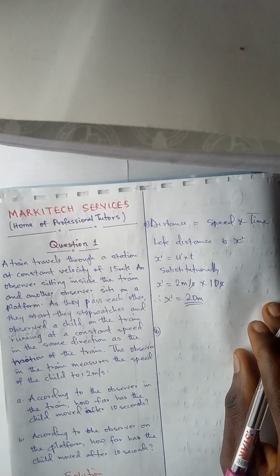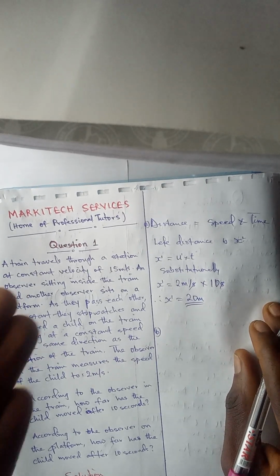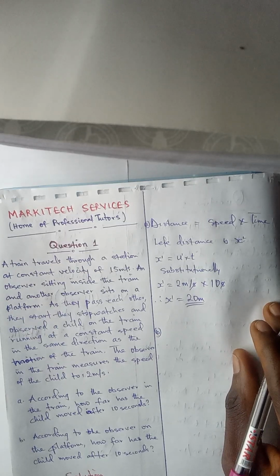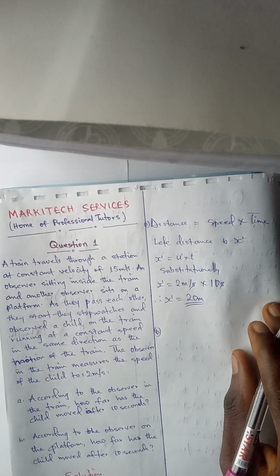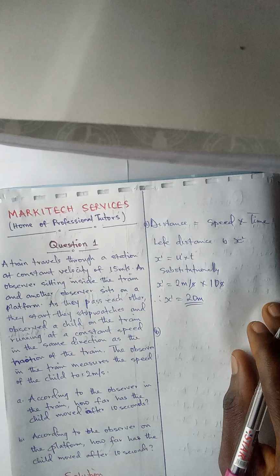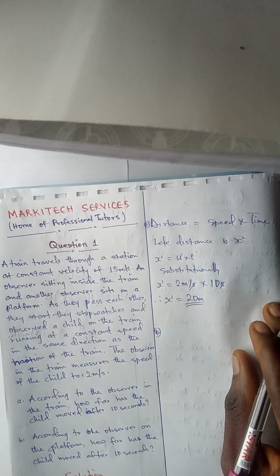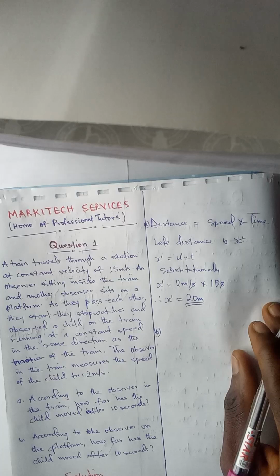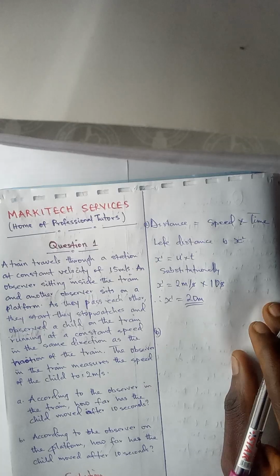So a is the same thing as the speed of the train, which is 15 meters per second, right? So a has no business with the velocity of the train because a is inside the train already. But for b to observe the distance or the movement of this boy, b needs to consider the movement of the train.